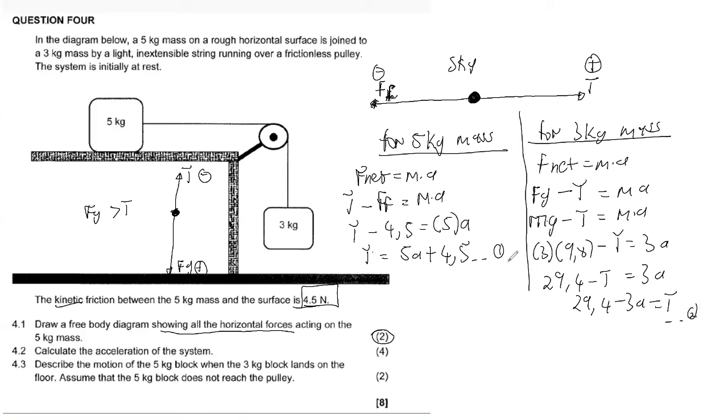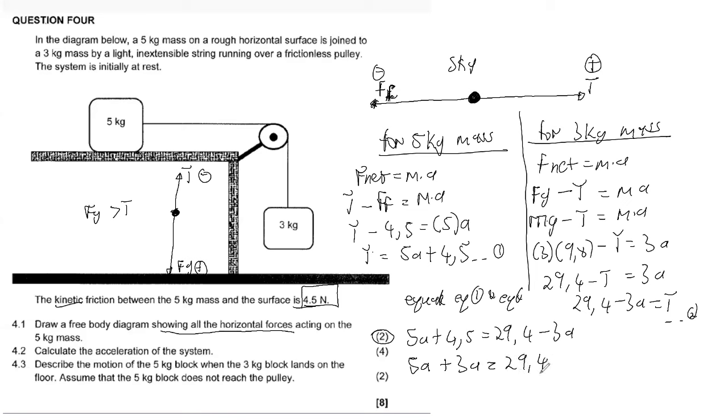Now, since both these equations have T as the subject of the formula, let me equate equation 1 and equation 2. So I'm going to take this expression here, 5a plus 4.5, and equate it to the expression in number 2. So that's 29.4 minus 3a. Now at this point, everything with the variable a, I will put on one side, so 5a plus 3a, and all the constants to the other side, 29.4 minus 4.5.